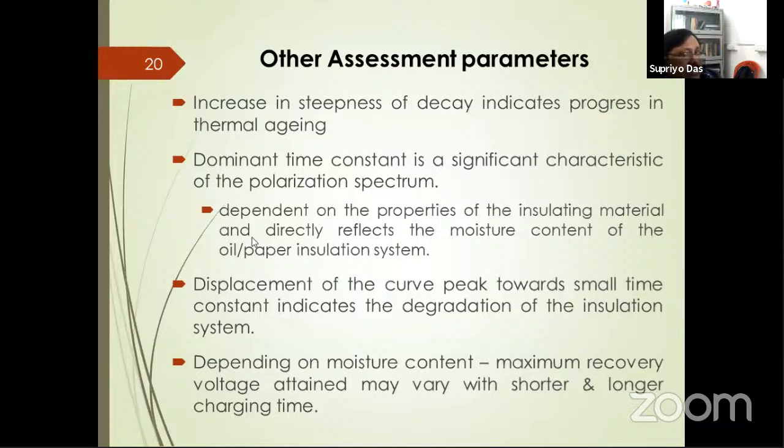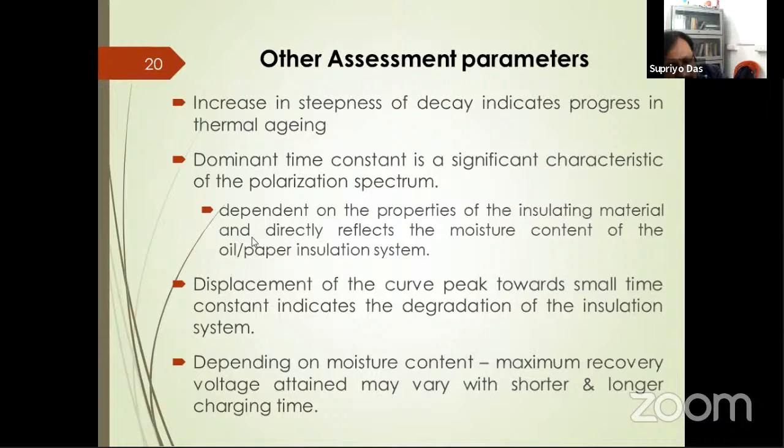It is dependent on the properties of the insulating material and directly reflects the moisture content of the oil paper insulation. The displacement of the curve peak towards small time constant indicates degradation of the insulation system. Depending on moisture content, the maximum recovery voltage attained may vary with shorter or longer charging time.